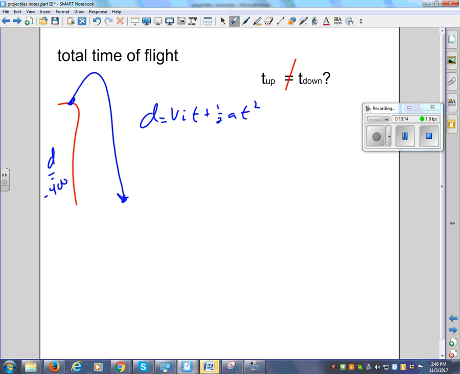We're going to say our displacement is minus 400, and our initial component, it's the vertical one, right? So it would be 8t, plus 1/2 times minus 9.8 t squared. And yes, you can soon see it's going to be a quadratic.